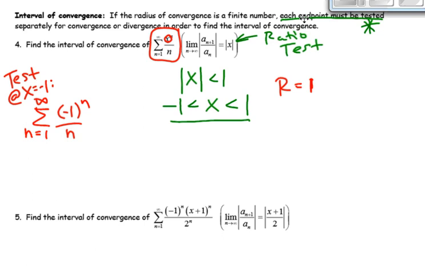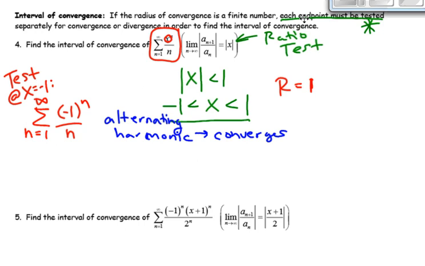I want you to be able to easily recognize (-1) to the n over n as harmonic, alternating. This is the alternating harmonic series. You need to know and memorize that that series is always going to be convergent. And you don't even have to prove it. You just have to recognize it's alternating harmonic and state that it converges.